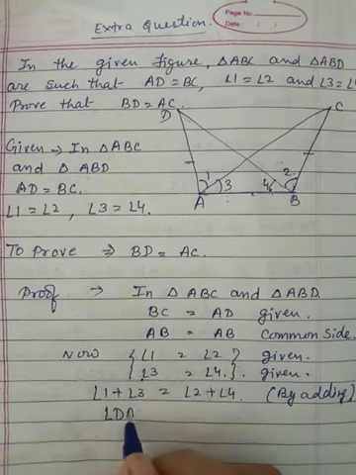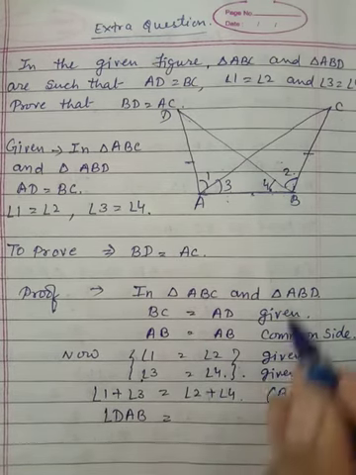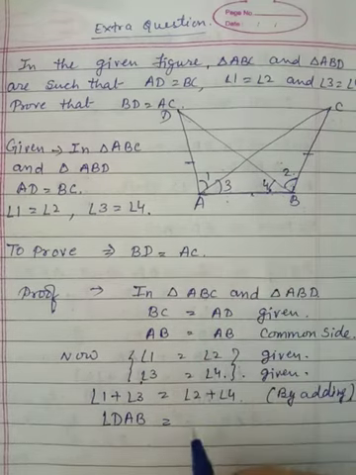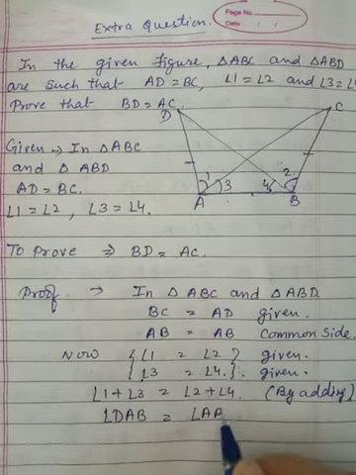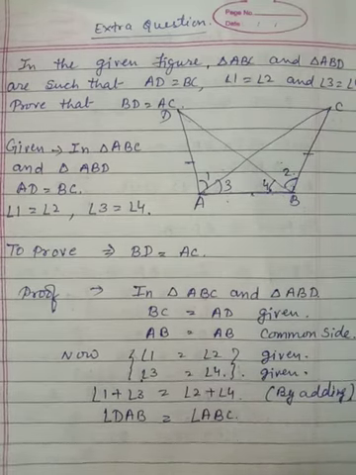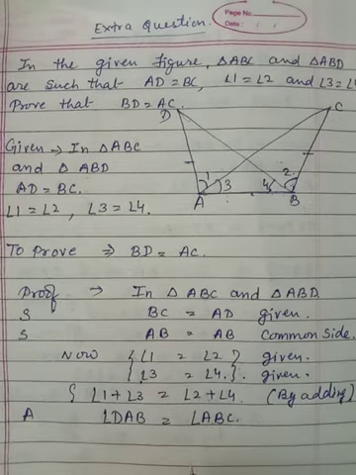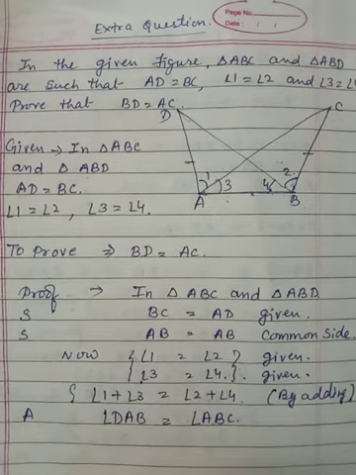So angle 1 plus 3 is DAB and 2 plus 4 is CBA, or ABC. Okay, so three facts we have got: side, angle and side. By SAS these triangles are congruent.